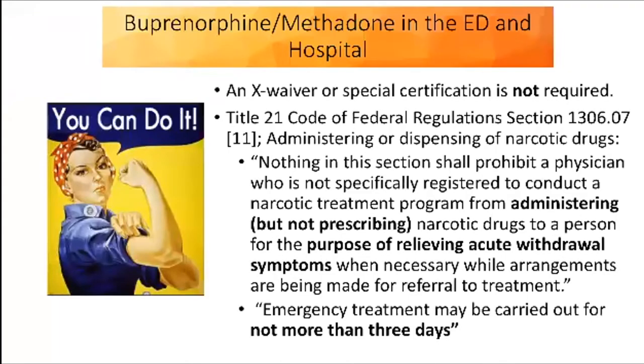So, buprenorphine and methadone in emergency and acute settings. Contrary to popular belief, while a patient is admitted into an acute service, the prescriber does not have to be X-waivered. We have cited here Title 21 CFR, which essentially says that for 72 hours, while the patient is admitted, a non-X-waivered prescriber can give buprenorphine for acute opioid withdrawal.